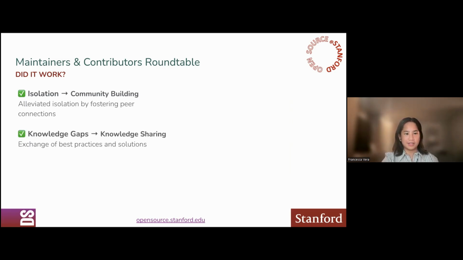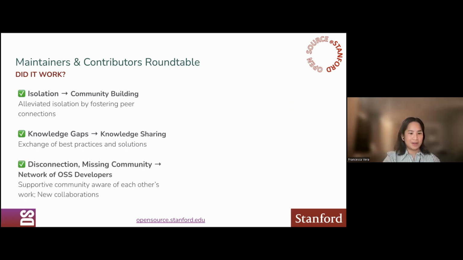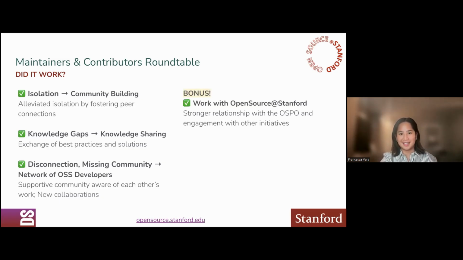We tried to address knowledge gaps by prioritizing knowledge sharing during these meetings. And we try to address disconnection and missing community by actually building a network of open source software developers on campus who are aware of each other's work, who have a means of communicating, and who can actually pursue new collaborations.